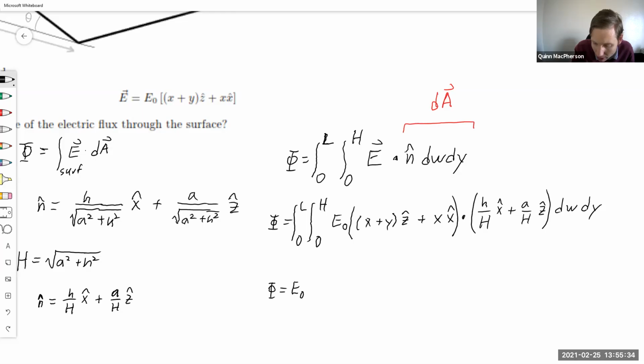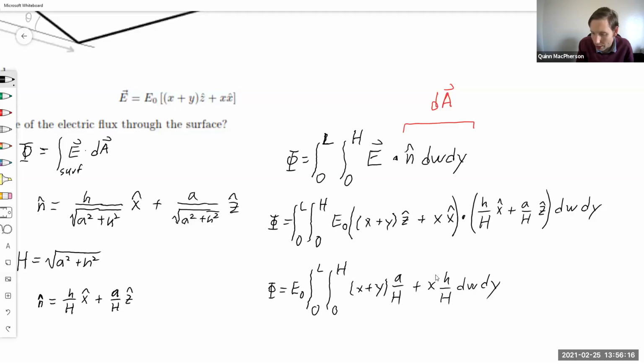I get E naught, integral 0 to L, integral 0 to capital H. If I simplify that all out, I'm going to get x plus y times a over capital H. That's from the two z parts, and then I'm going to get plus x times h over capital H, dw dy.